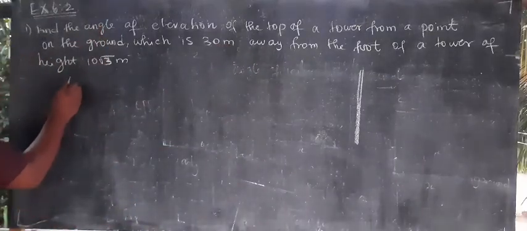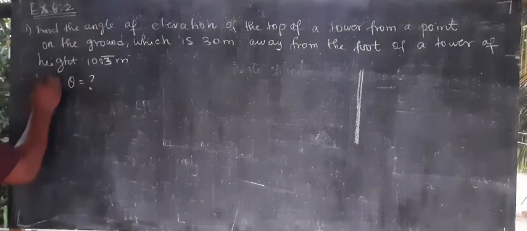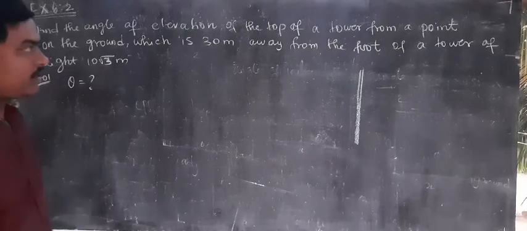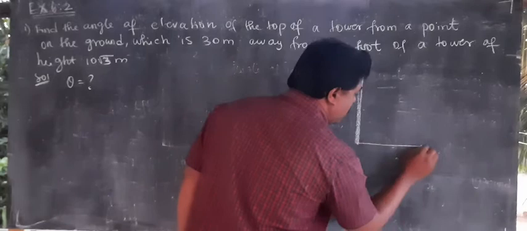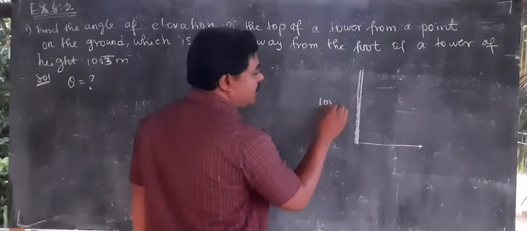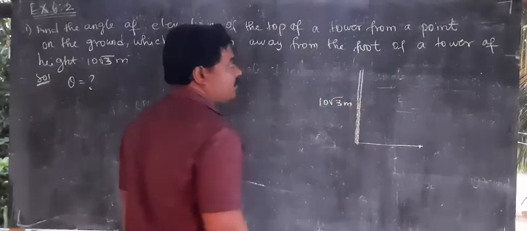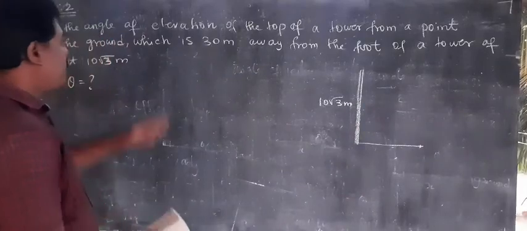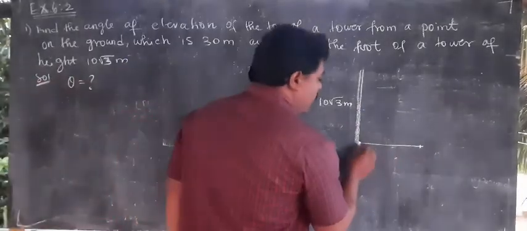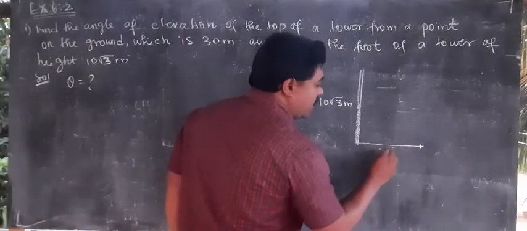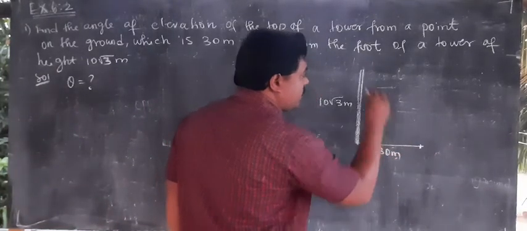Angle means theta. Theta we need to find. Height of the tower is 10 root 3 meter, which is 30 meter away from the foot of the tower. From the tower to here is 30 meter distance.